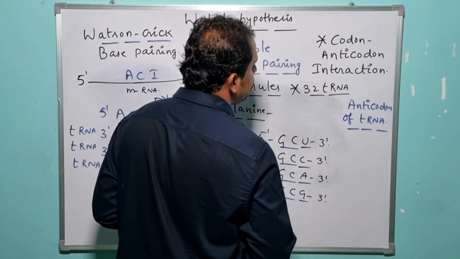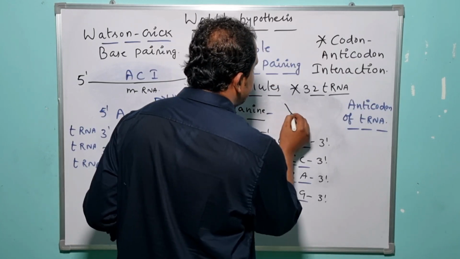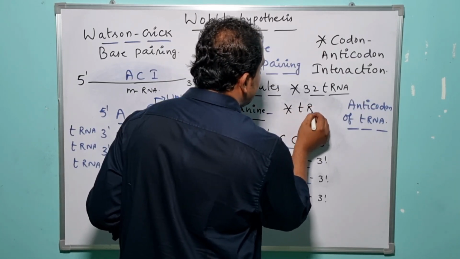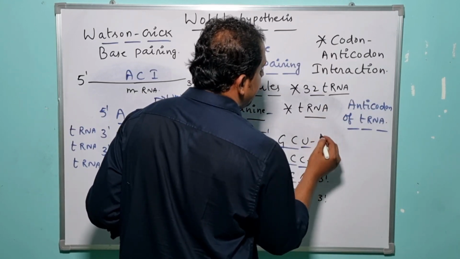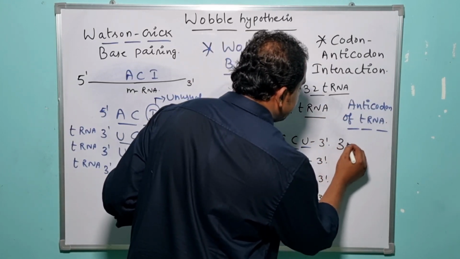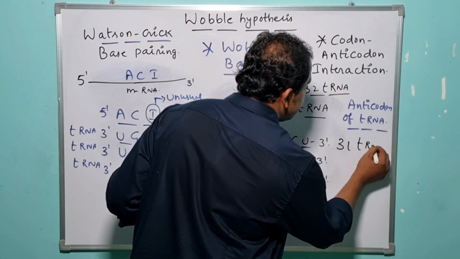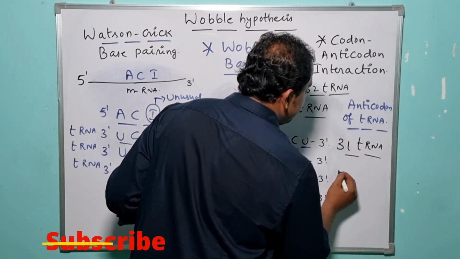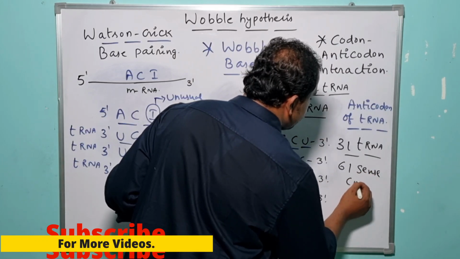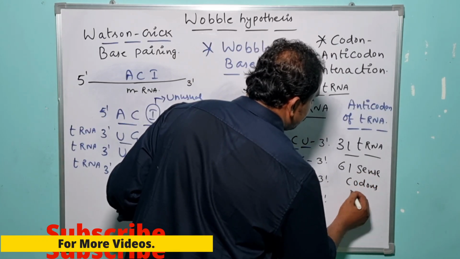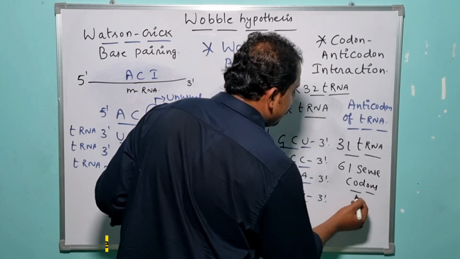Out of 32 tRNAs, one specific tRNA is responsible for initiating the translation mechanism, and another 31 tRNAs are capable of encoding the 61 sense codons, right? The 61 sense codons which are present in the mRNA.